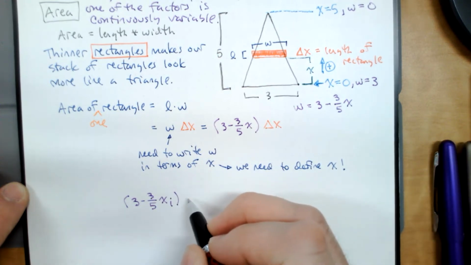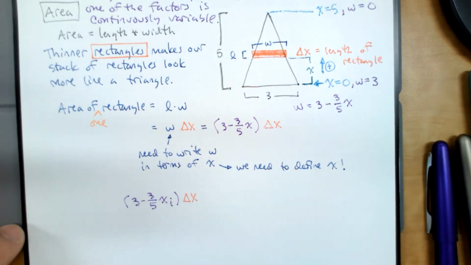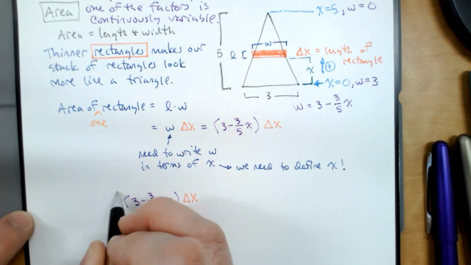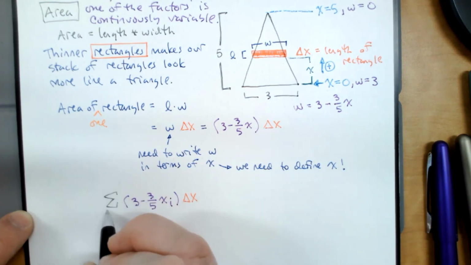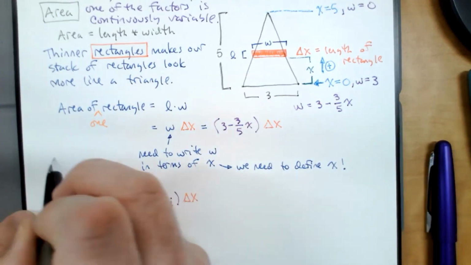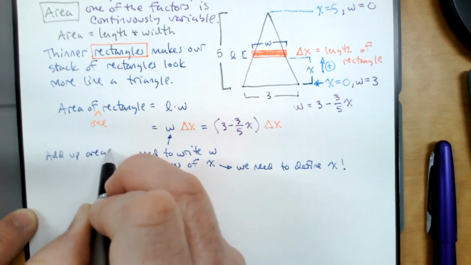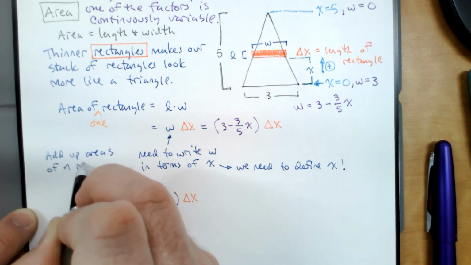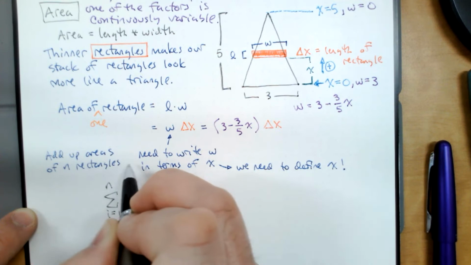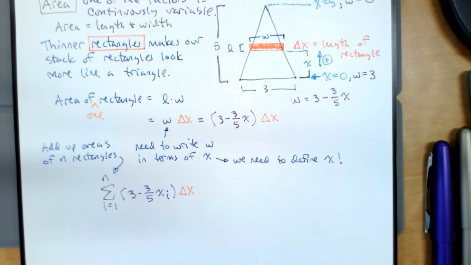There's the length, the width times the height, which is delta X. And we're just going to add up all these rectangles. So we're going to take the sum as I goes from 1 to n, counting the rectangles: first rectangle, second rectangle, third rectangle, all the way up to the nth rectangle.